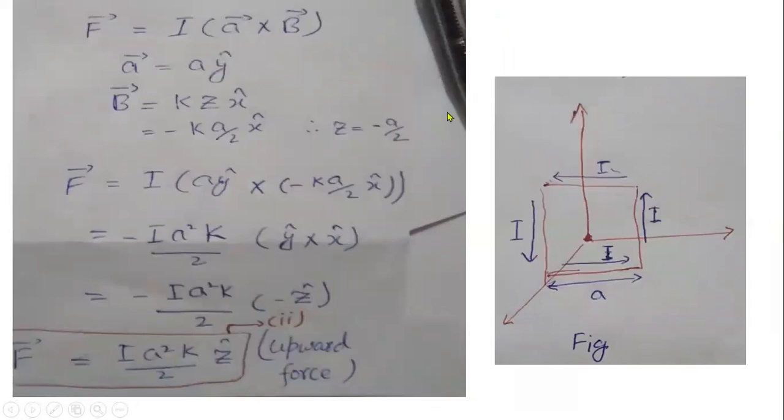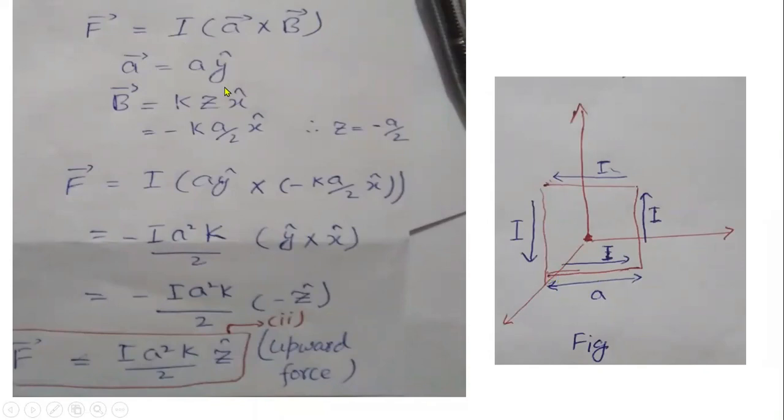Now we want to calculate the force acting on this lower side. So what is the force acting on this lower side? We can also find this force by using the same formula that we have used previously. a is equal to a ŷ, because now the current is flowing along the positive y direction.